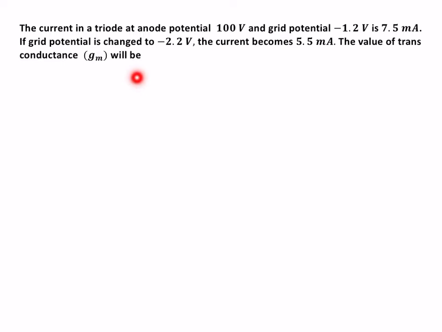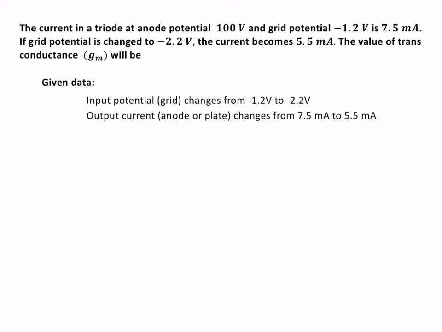The anode potential is the output potential, grid potential is the input potential, and we have the current. The grid potential changes from minus 1.2 volt to minus 2.2 volt, and the anode current changes from 7.5 milliampere to 5.5 milliampere.